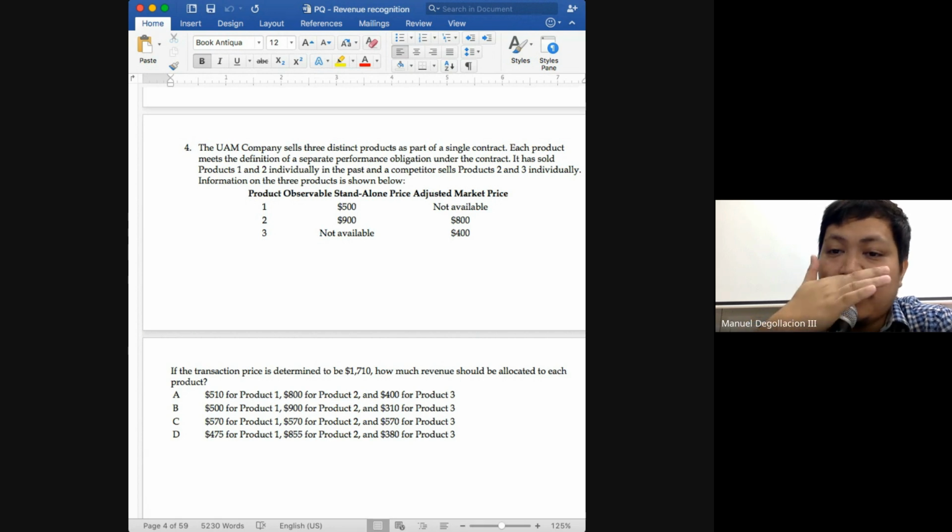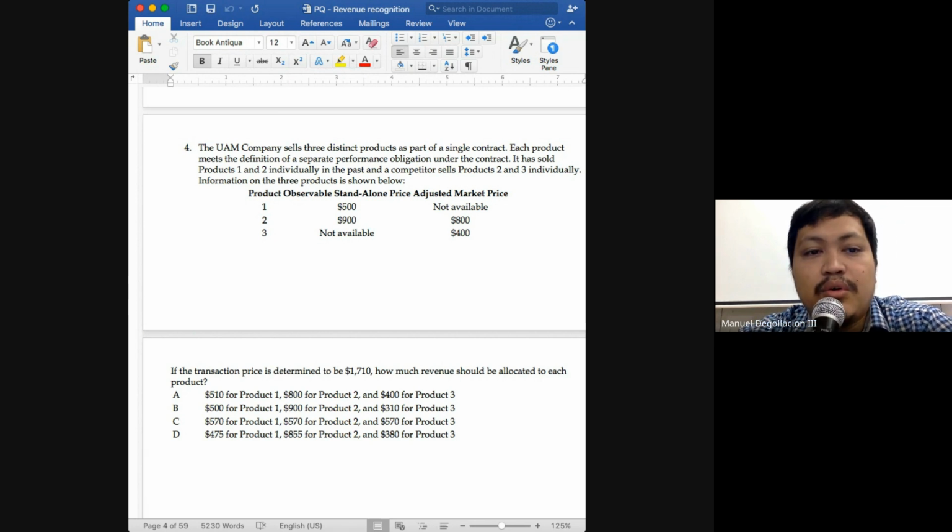That's actually given in the problem. Our issue now is we have observable standalone prices for product 1 and 2. We do not have an observable standalone price for product 3. In this case, what do we do? Only for product 3, you use the adjusted market price or the other price that is available.